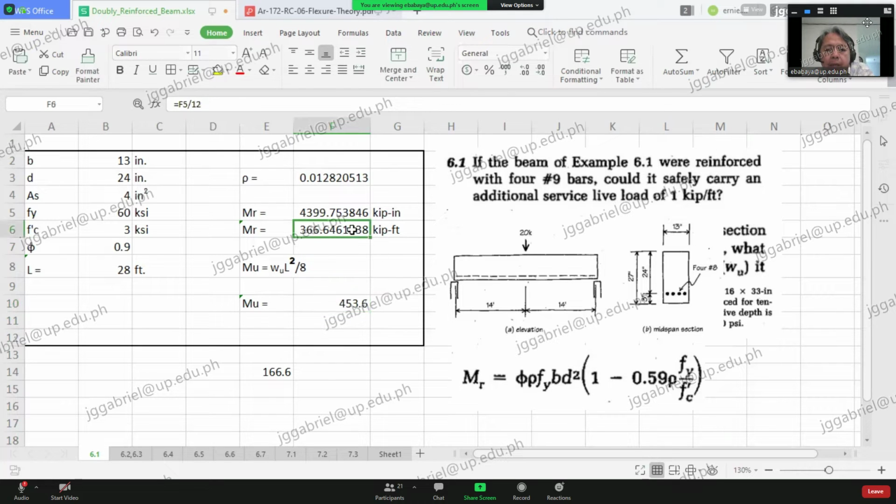So, comparing these two, what will be your answer? Could it safely carry the additional live load? Anyone? Of course, we just compare the two, no? Ito yung load niya, ito yung capacity ng beam mo. So the answer is no, cannot carry.